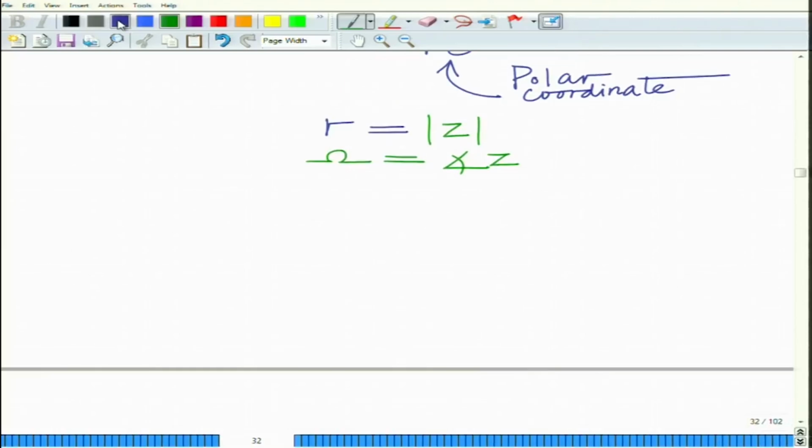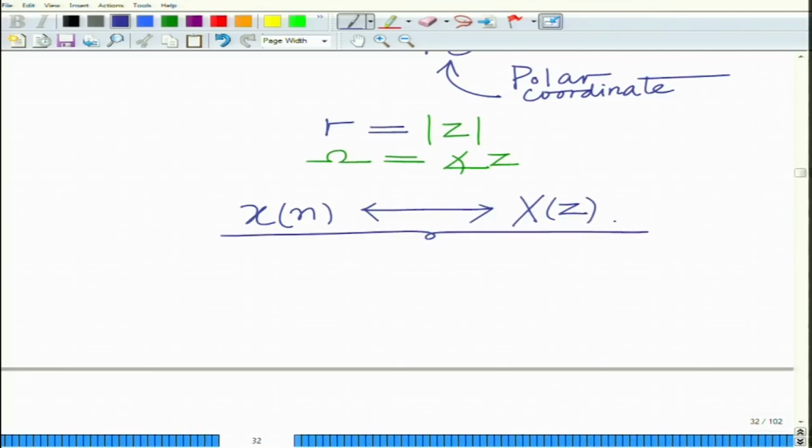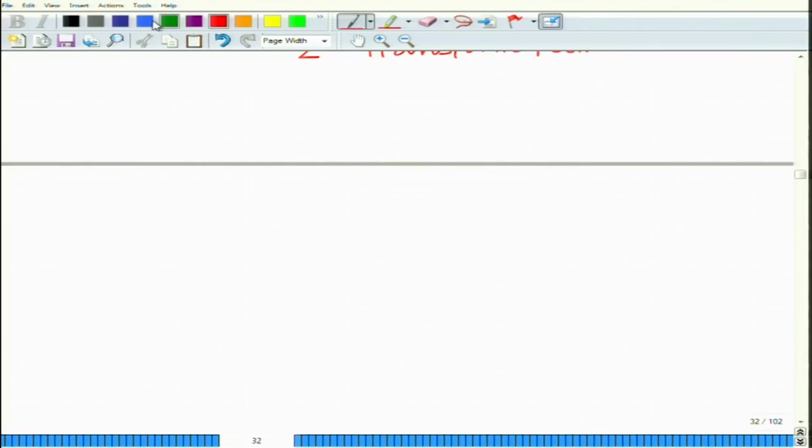This is also represented as x[n] and X(z) forming a Z transform pair. Now similar to the Laplace transform, one can also define a region of convergence for the Z transform.